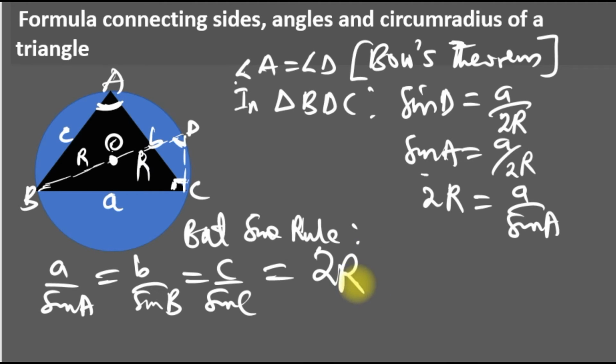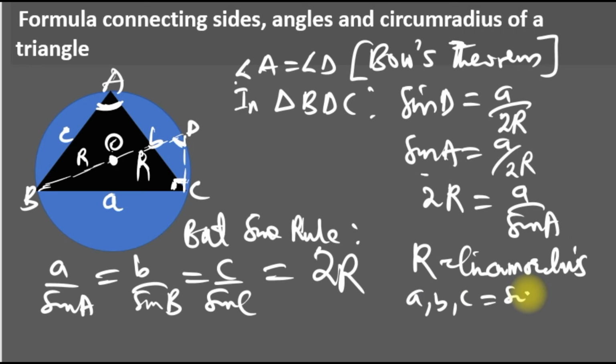That's what we are looking for, a relationship connecting the circumradius, which is R. So R is the circumradius, while A, B, C are the sides, while angles A, B, C are the angles. So you might be given this, you're asked to find any of them.